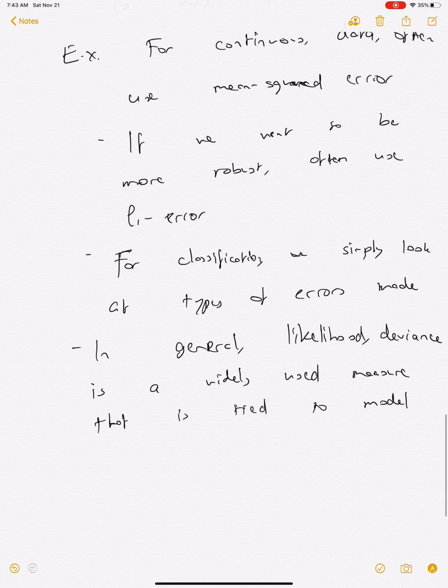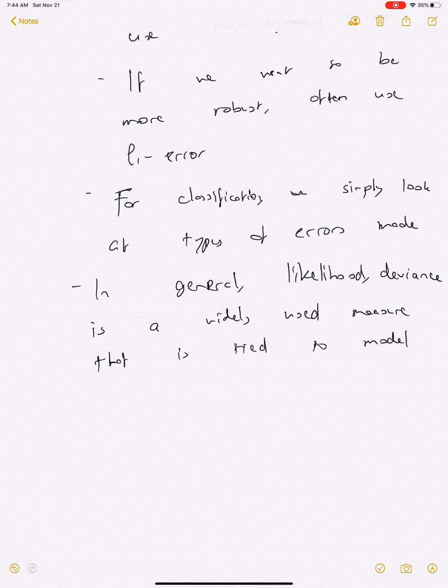One of the things that is both good and bad about things like likelihood loss or deviance is that these apply to any statistical method. But the other thing to keep in mind is that they're very tied to the method, because you're looking at the deviance or the likelihood using that particular method, whereas things like mean squared error or type 1 and type 2 errors for classification don't really bias your results to any particular method.